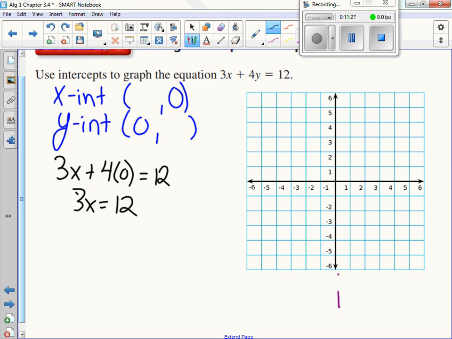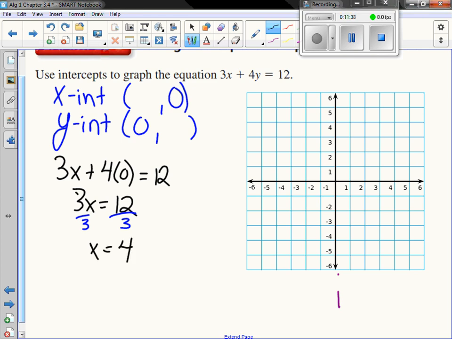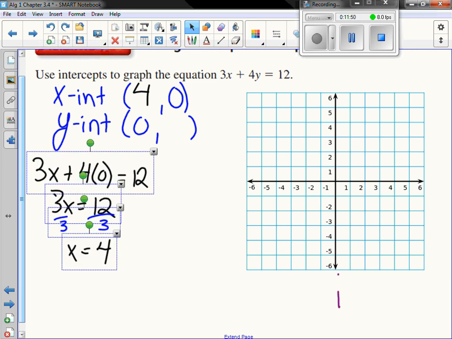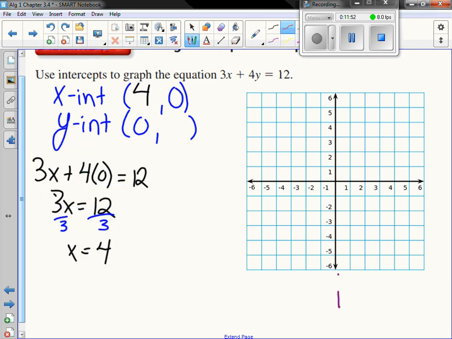How can I solve for the value of x? We can divide both sides by 3. X equals 4, so the x-intercept is (4, 0). Any questions on this here, how we found one of the points?